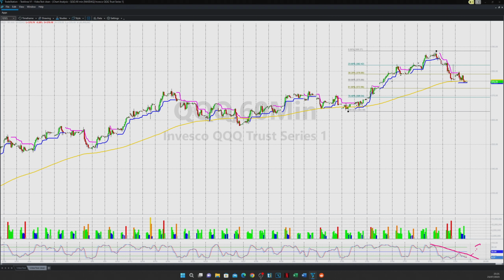The seller is in control at the moment, it could even touch the 370, 369 here and then bounce, but this could mean a change in a trend, so be very careful. Usually where there is a nice uptrend and a break, it could mean a retest and then going for the downside.